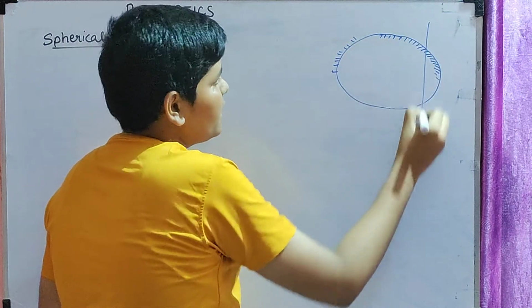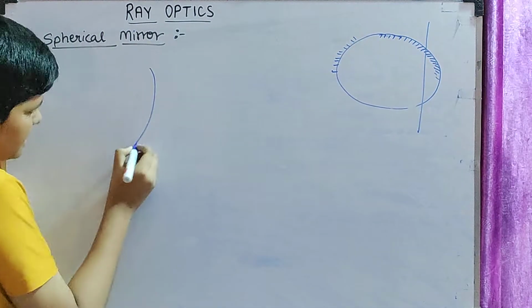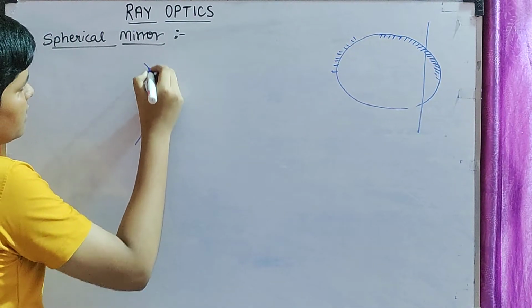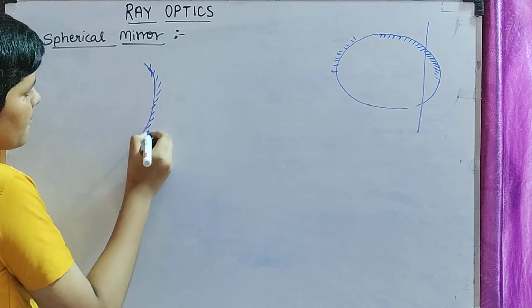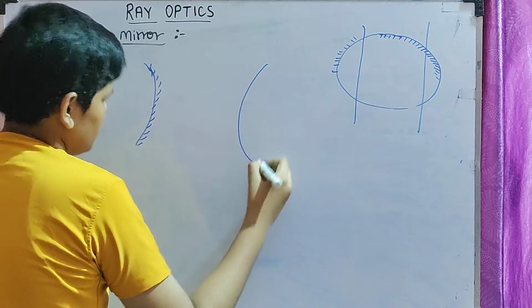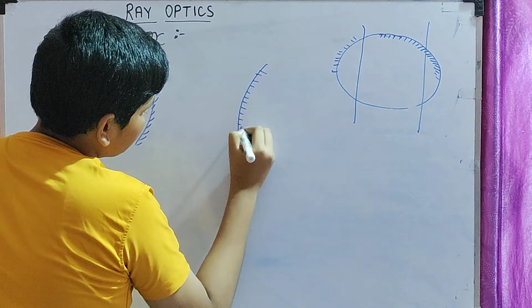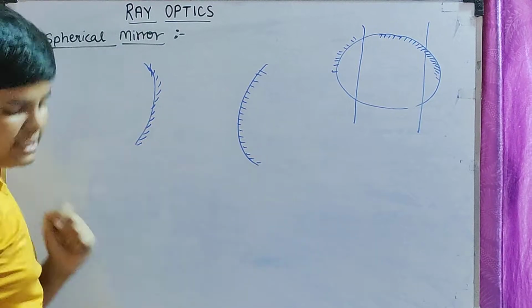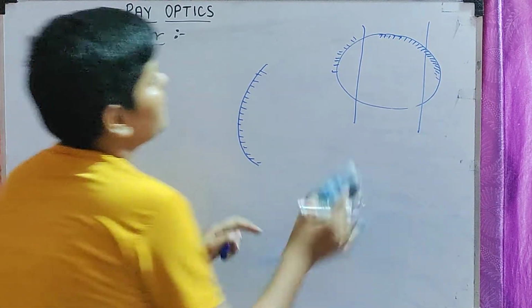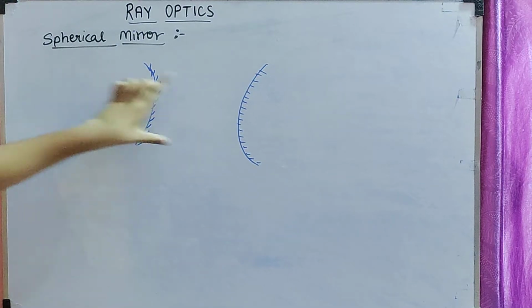So if you are cutting one part of this, we get this over here, which is like this. If we are cutting from here, we get something like this. Let us silver it inside. So these two are spherical mirrors. This is one mirror, this is another mirror.